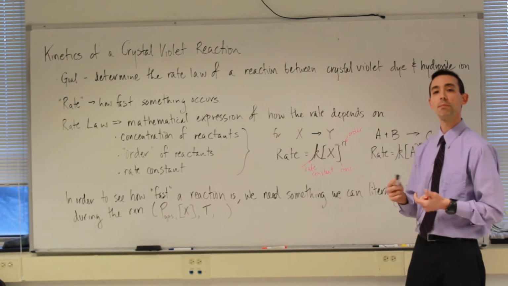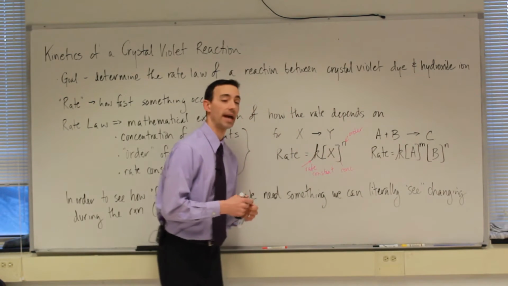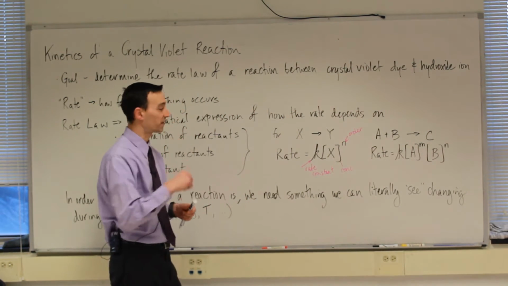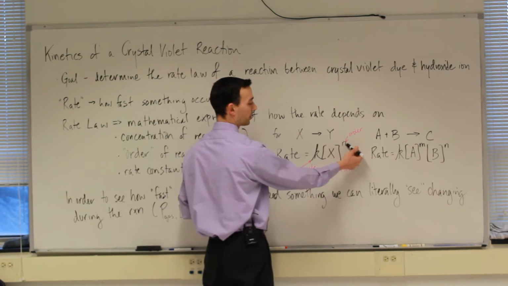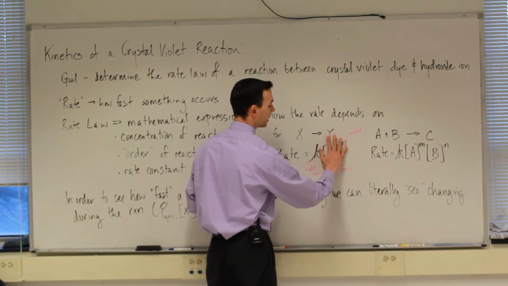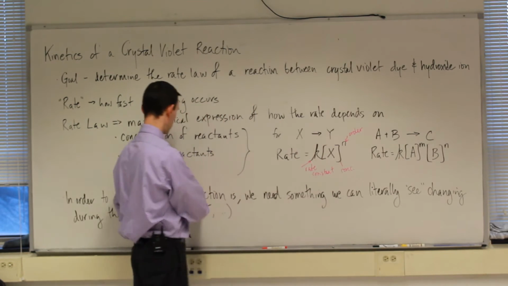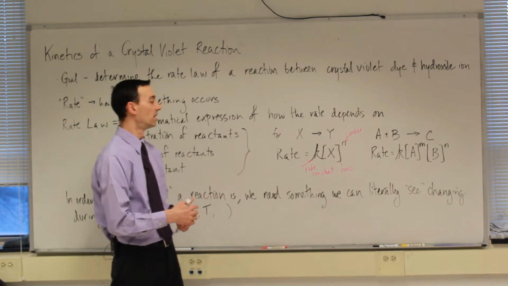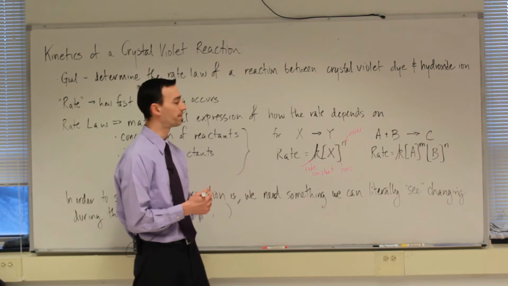Those are the three most common orders, although not the only orders that reactions can be. But if something was zero order, if we plugged in the exponent 0 right here, this term would actually disappear and the rate would just equal the rate constant, which is a constant. So the reaction speed would not change over time.